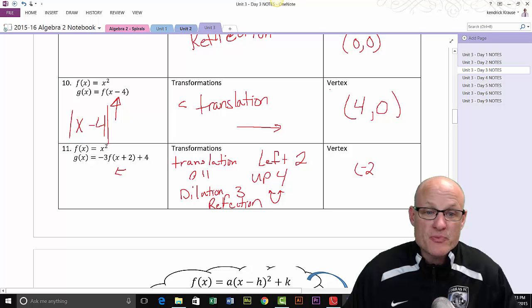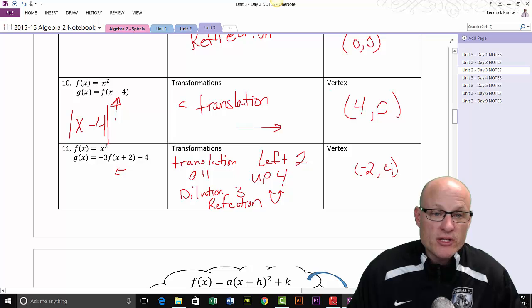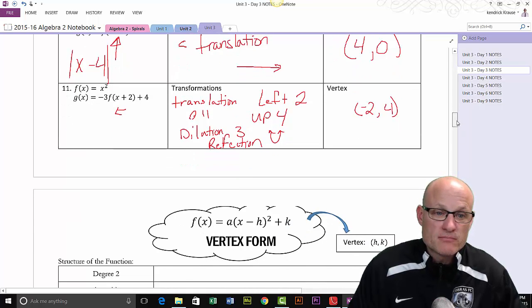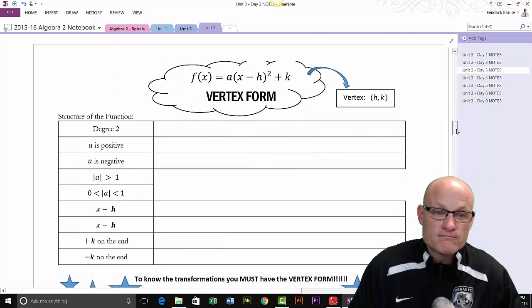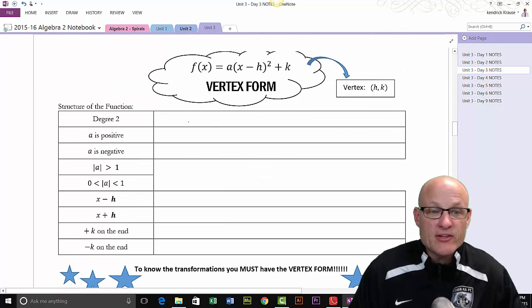All right. So this is vertex form of a parabola. The degree is 2. This is the degree. It is the exponent. It also means it's going to be a parabola, obviously. If A is positive, it's going up.